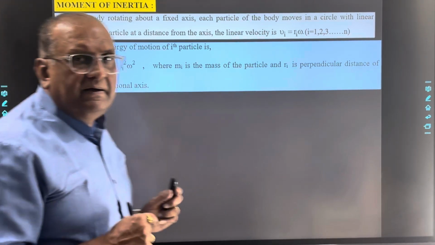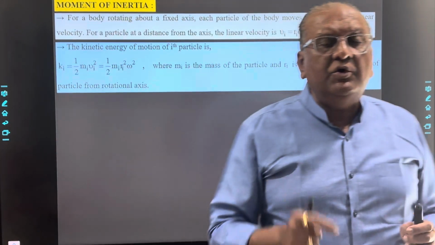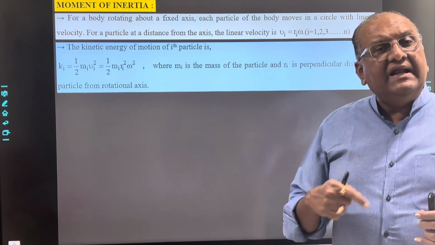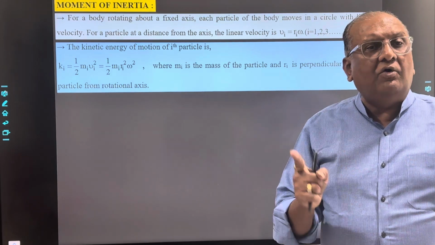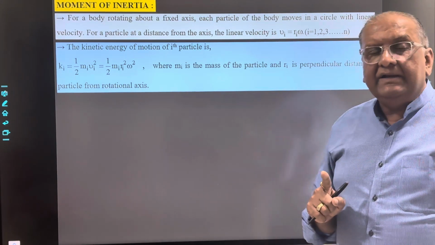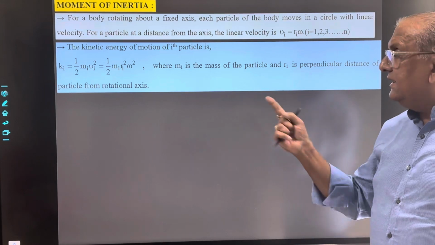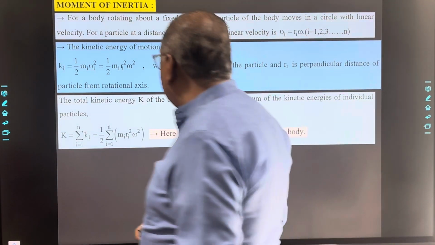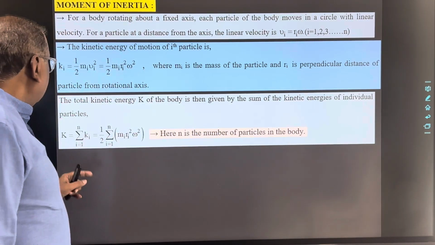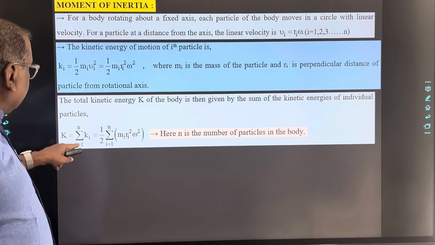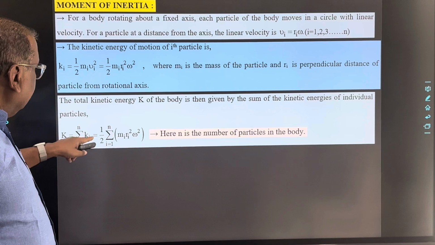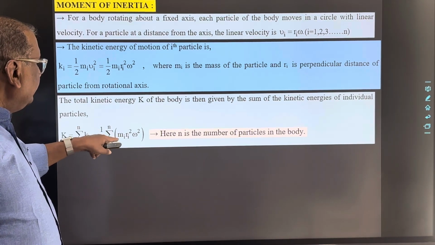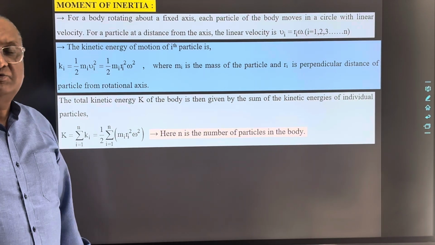Now if we take the kinetic energy of each and every constituent particle of the body, and then take the summation of all these, we will get the total kinetic energy of the body. So we can write the total kinetic energy of the body as sigma i equal to 1 to n ki, that is half sigma i equal to 1 to n mi ri square omega square.